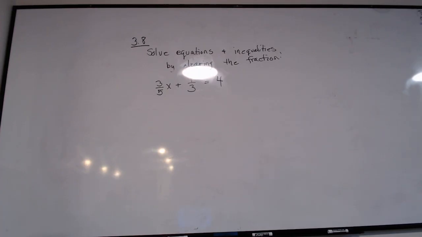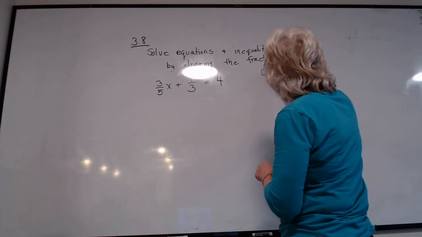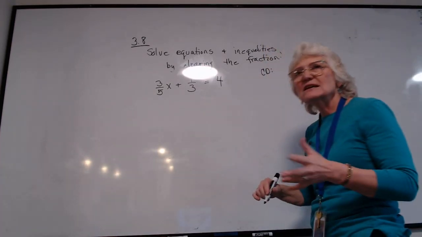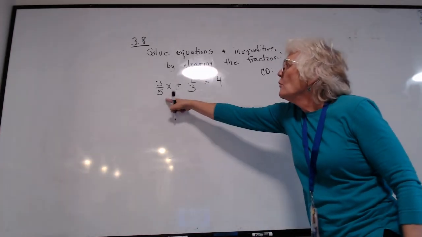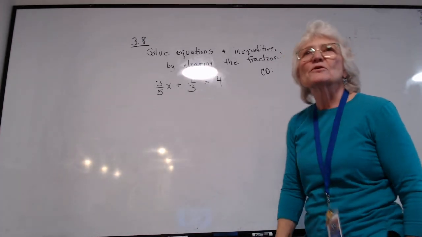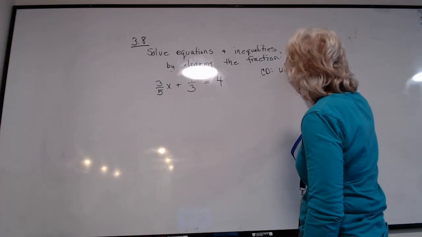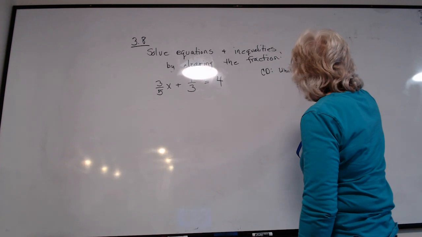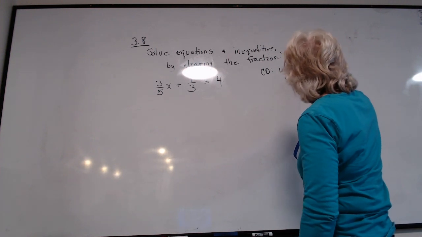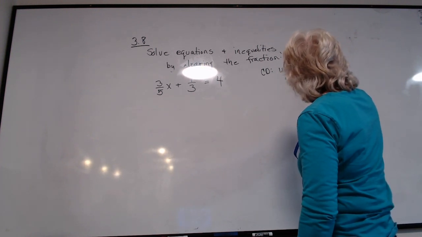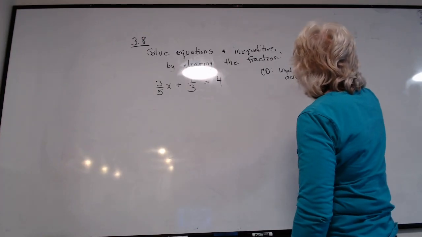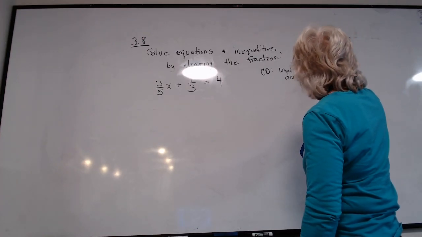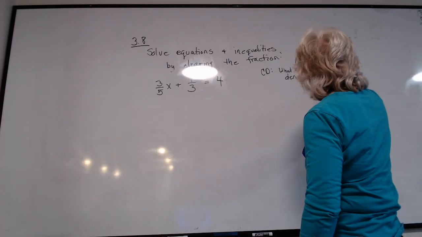Okay, so one of the things we can do here is look first for the common denominator. Now if you don't understand that, look for what number both of these go into. So we're looking at what number do all the denominators go into.